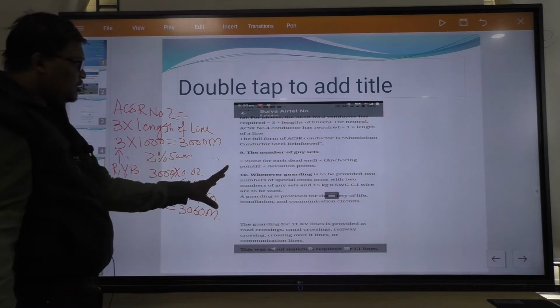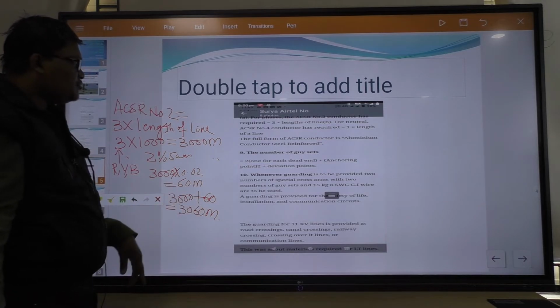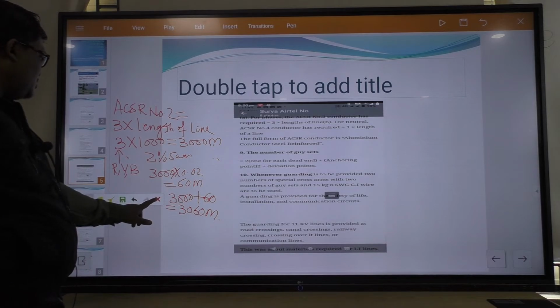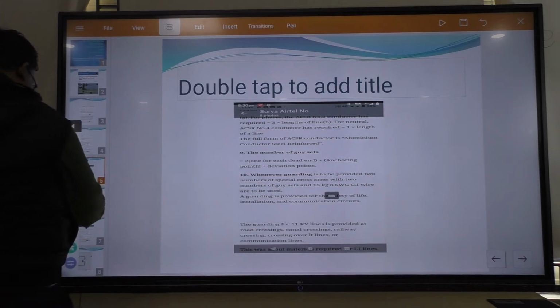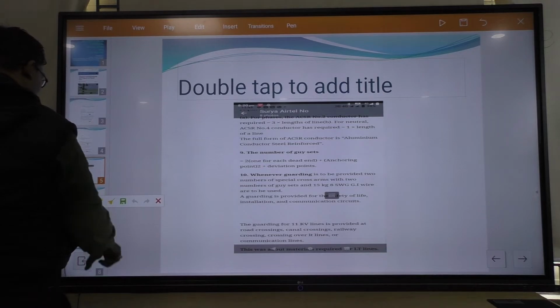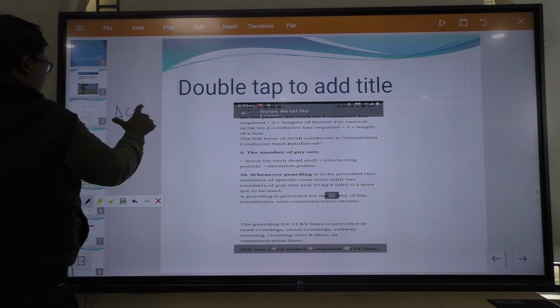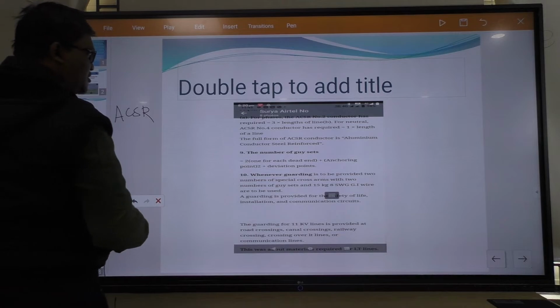Next we will go for the length of neutral conductor. The neutral conductor specification is SCSR number 4 conductor.